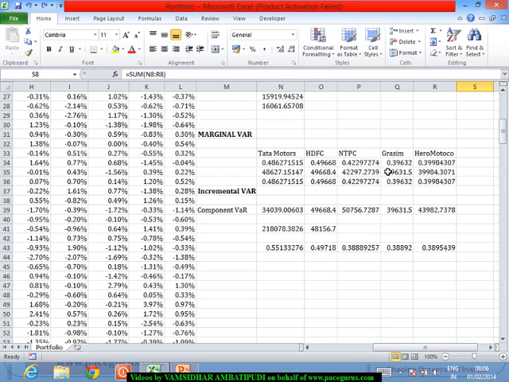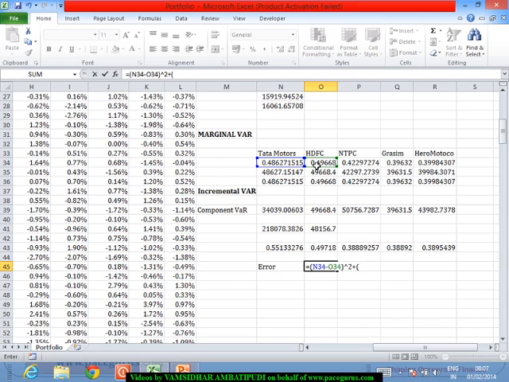So to create that kind of equality scenario, what I would do is I'll create one element called error, which is nothing but the difference in the marginal VARs of all the pairs. I'll take the squaring.